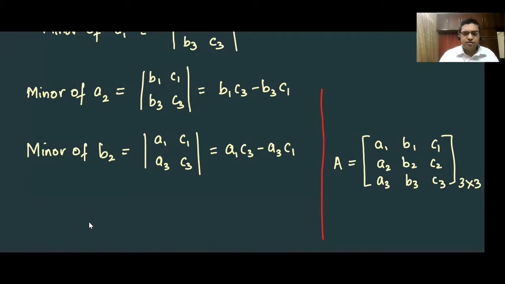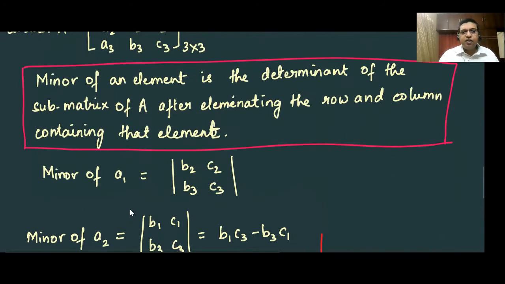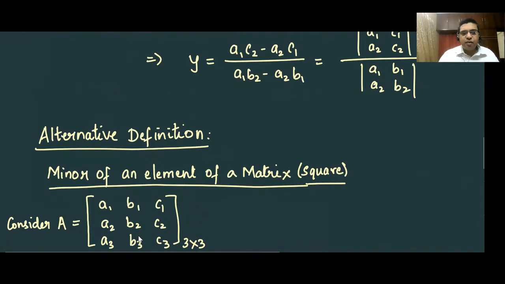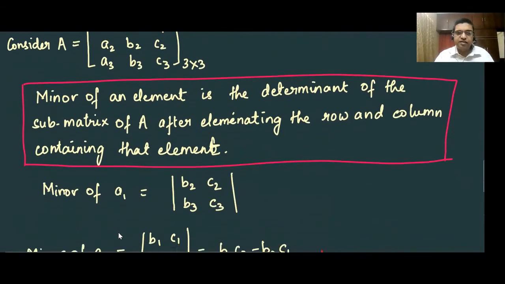So this is the minor of B2. Like that we can find the minors of any element of a matrix.